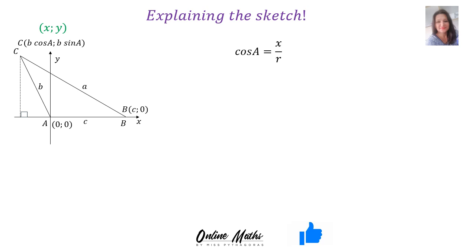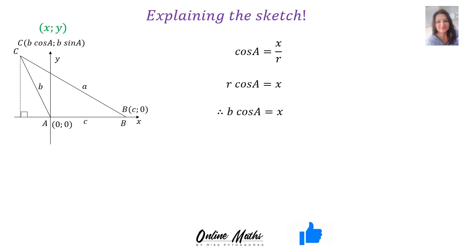When you make x the subject of the formula, you end with r cos A equals x. But in that right angle triangle, can you see that the hypotenuse is little b? So in r's place you can substitute little b, and then there's your x coordinate. That is why x's coordinate can be written as b cos A.